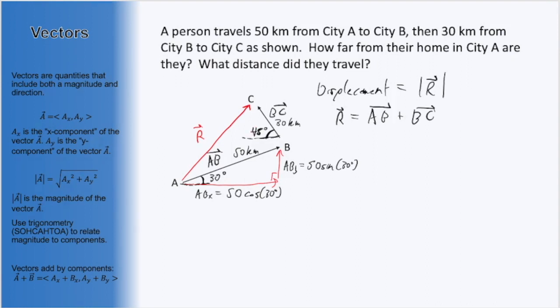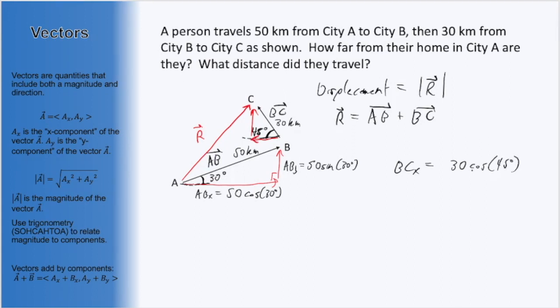Next, I need to break up the BC vector, which has an upwards vertical component, but a leftwards horizontal component. The horizontal x component is the adjacent side to our angle, so that means that BCx is equal to the hypotenuse times cosine of that angle.